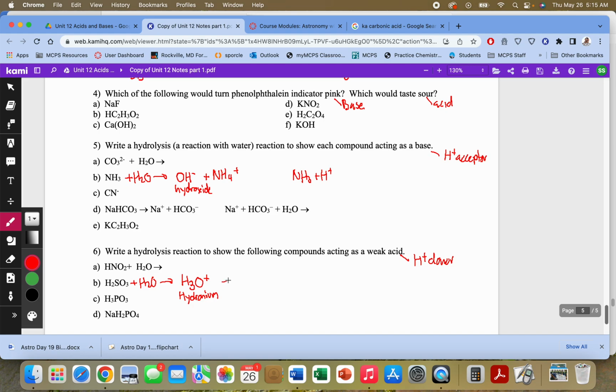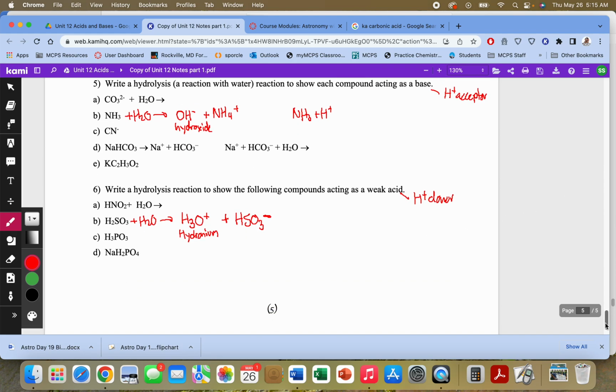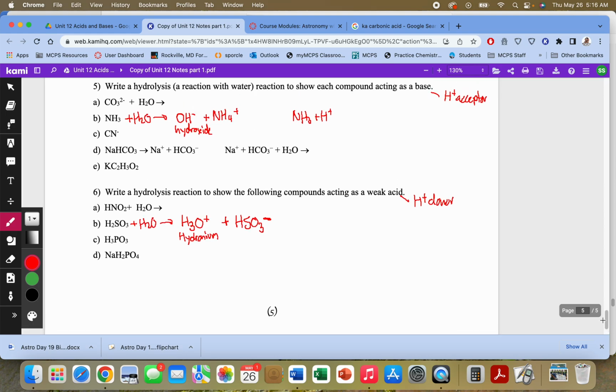Okay. What's left behind? Well, we took an H away from H2SO3, so now we have only HSO3. We took one of its H's away. Because we took a positive away, and it used to be 0, it is HSO3-. So you always have to be careful of the charges. Okay? And if you're really confused, draw yourself a number line. That's a really good way of remembering what's happening when you're subtracting and adding numbers.